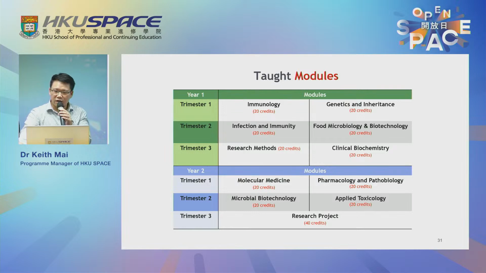That's it for year 1. There's also a research methods module, which helps students look at the science side. Instead of just learning about things, they will learn how the process of science is done.